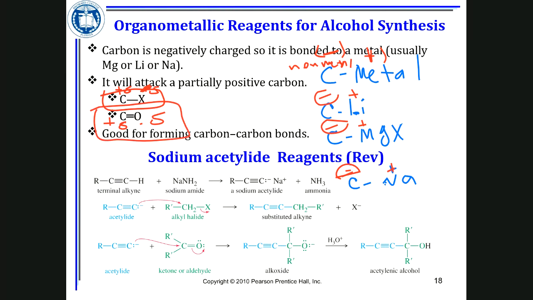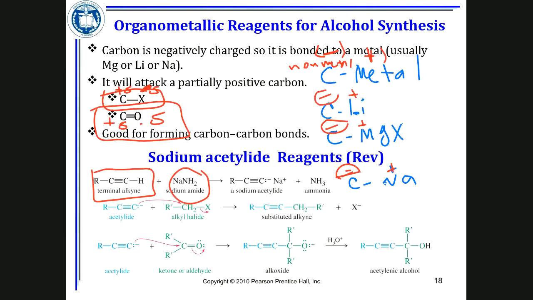Now, you have already seen one of these reactions, how to make the organometallic compound. To make organometallic compounds, you just have to learn a specific case. How do you make the carbon-sodium bond? The carbon-sodium bond comes from the acetylide ion, where you start with a terminal alkyne and mix it with a strong base.